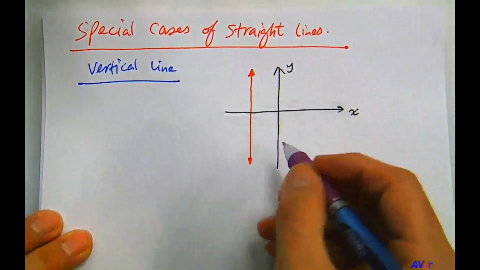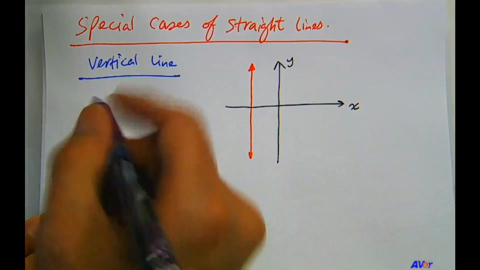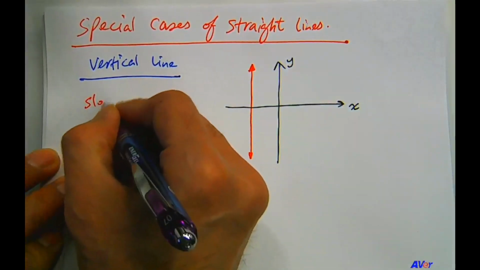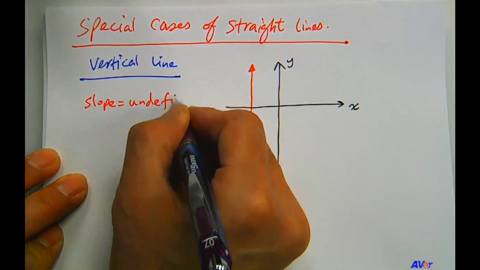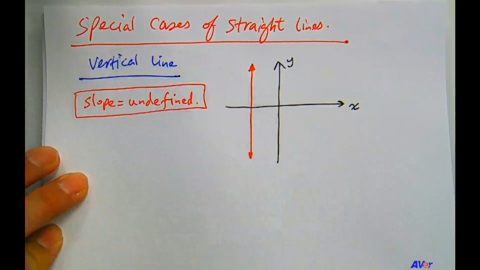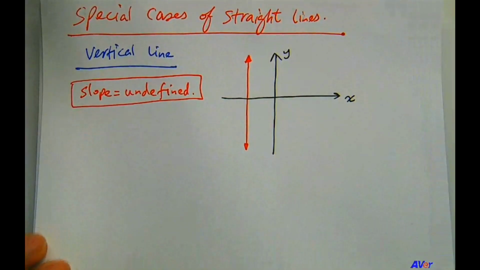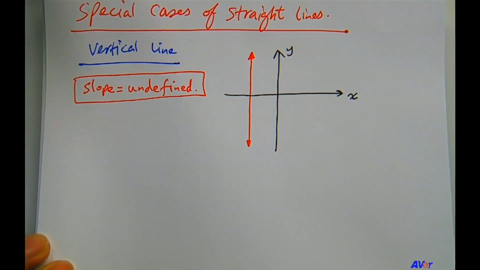And for this, the slope of a vertical line is always undefined. And we will talk about why that is the case in a second. The other special case is, you probably guessed it, a horizontal line.